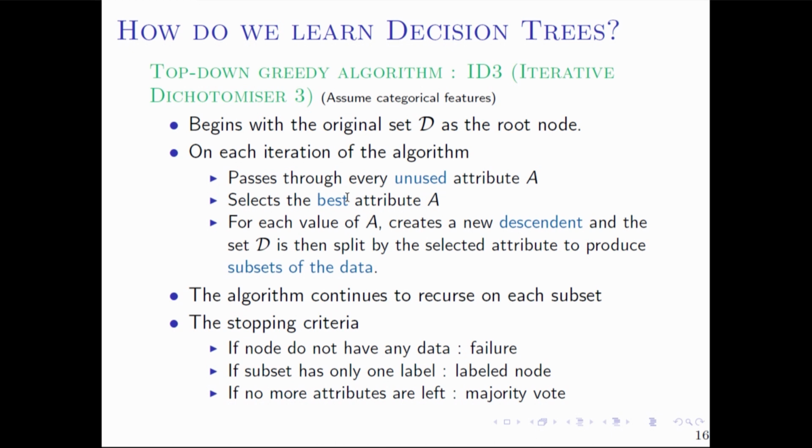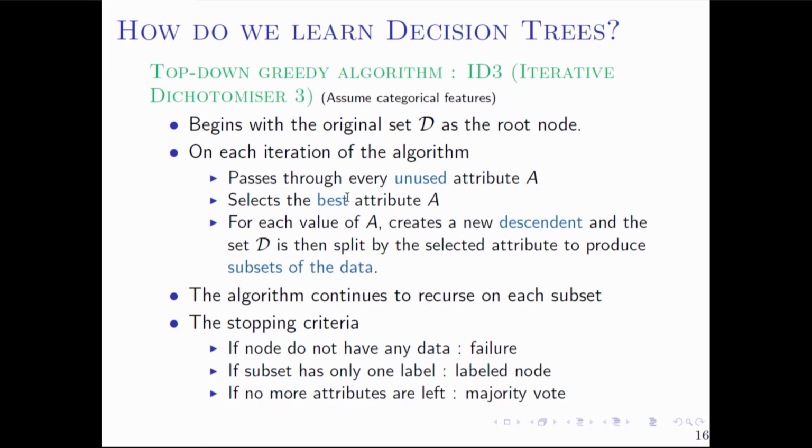We have n training samples, and we put all the samples in the root node, and then we choose an unused attribute or unused feature, one which is not yet used for decision making. And we select the best feature, and then we create new children or descendants depending on the number of values that feature takes.